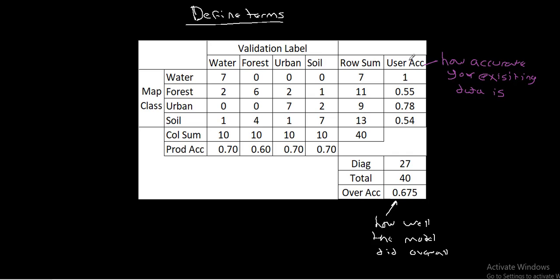If this number is really high relative to this number, that means the majority of the pixels that the map classified as water were actually water, which means your map did a really good job. The map that you have is really good for water. So that's user's accuracy: how accurate is your existing map? Hopefully that makes sense.